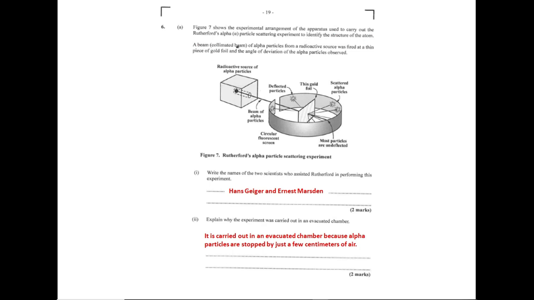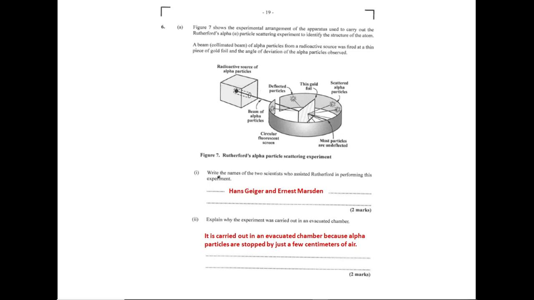A collimated beam of alpha particles from a radioactive source was fired at a thin piece of gold foil, and the angle of deviation of the alpha particles was observed. This is something I would encourage you to look up on YouTube, because they have actual professors that carried this out in modern day, and you can see it for yourself so you can remember it, okay?